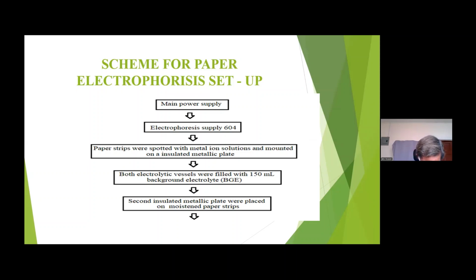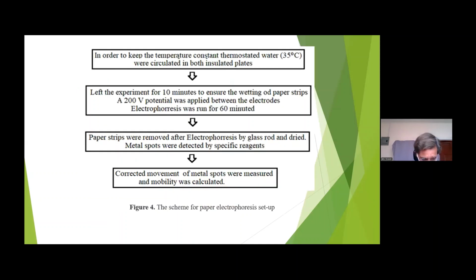Next step, both electrolyte wedges were filled with 150 ml of background electrolyte. Next step, the second insulated plate was placed on the moistened paper strips. Next step, in order to keep the temperature constant, thermostated water at 35 degrees centigrade was circulated through both insulated plates.